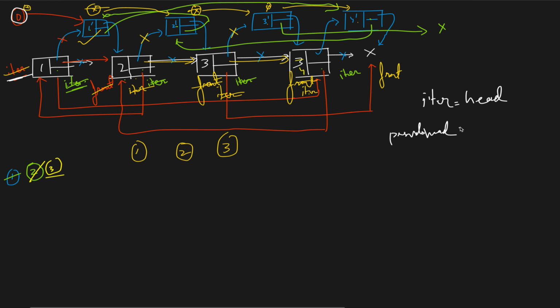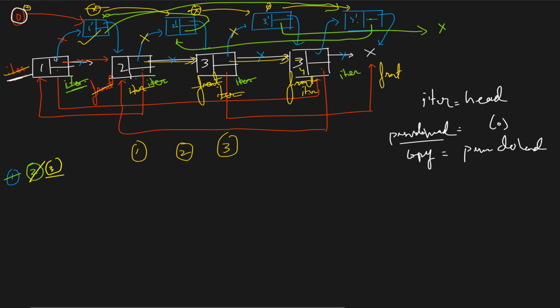And this pseudo head is a dummy node having a value 0. And we can create a copy node so that we don't lose track of the initial head of the deep copy list. And this copy is initialized to pseudo head itself. So copy and pseudo head both are standing at the dummy node, and the iter is standing at the first guy.